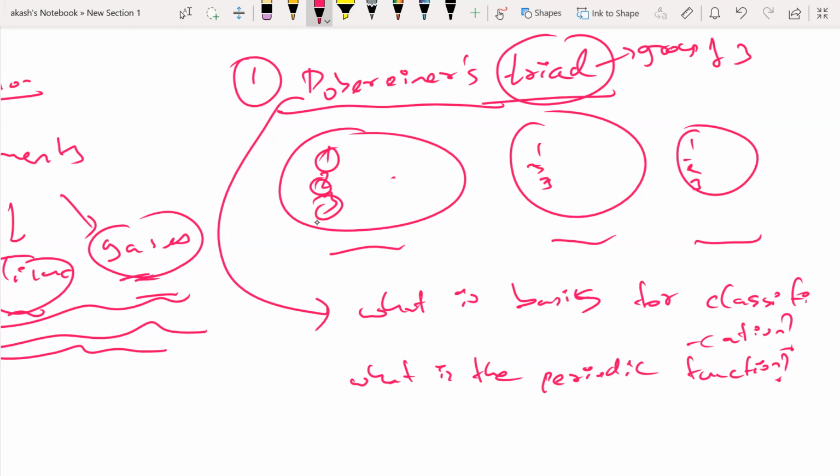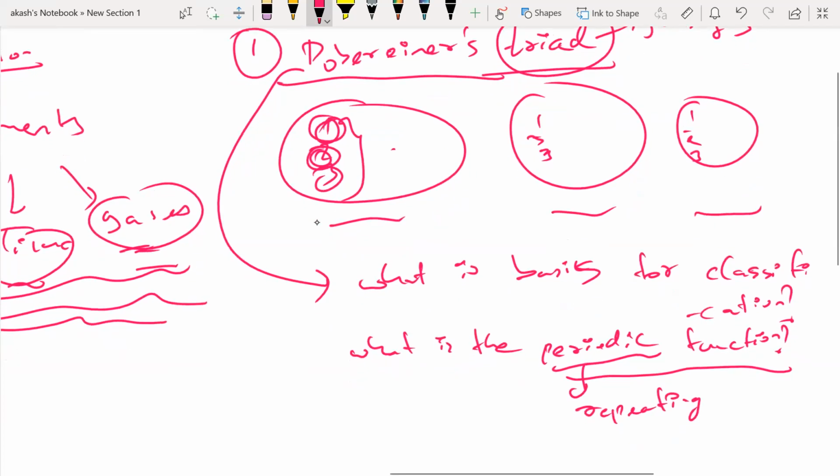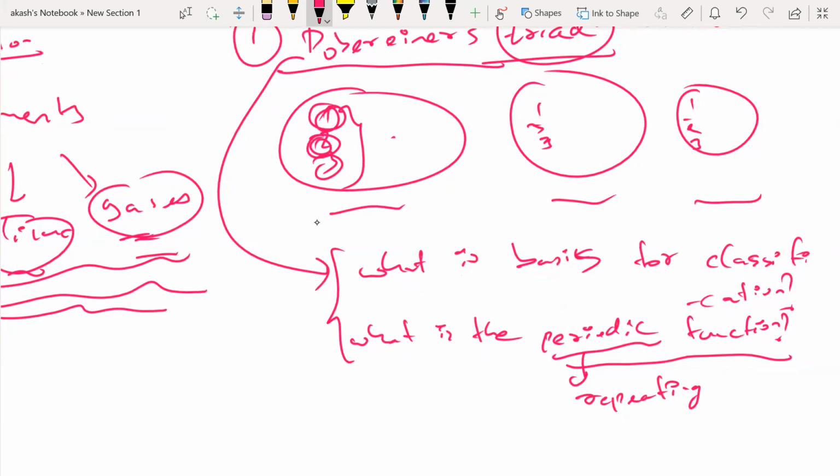Based on what particular thing are you classifying, how is it that elements 1, 2 and 3 are put into the group? That fundamental thing is your periodic function. So these two questions are the same: what is the periodic function, or what is the basis for classification? The answer is that it is based on atomic mass.